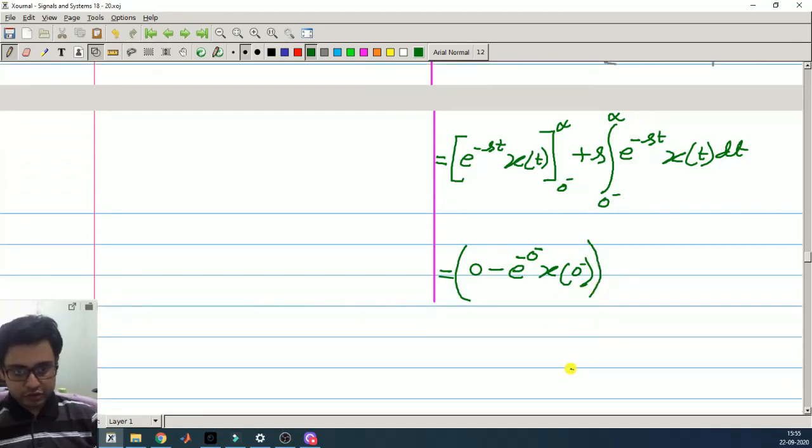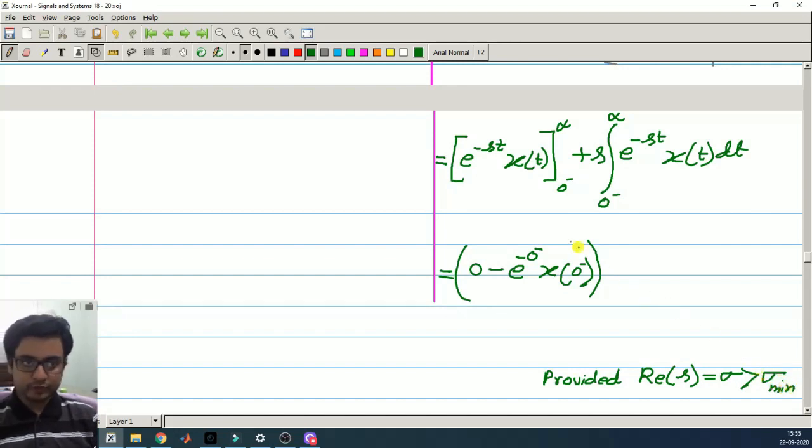This is of course provided the real part of s, that is sigma, is greater than some minimum required value. Then this term will be 0.